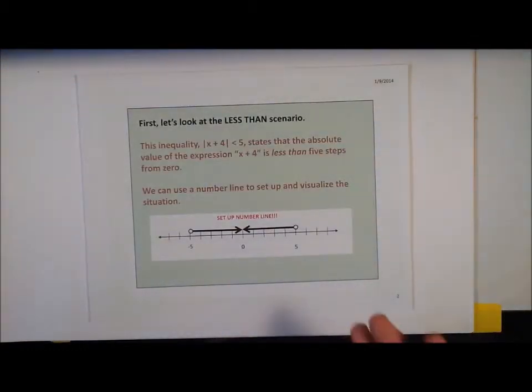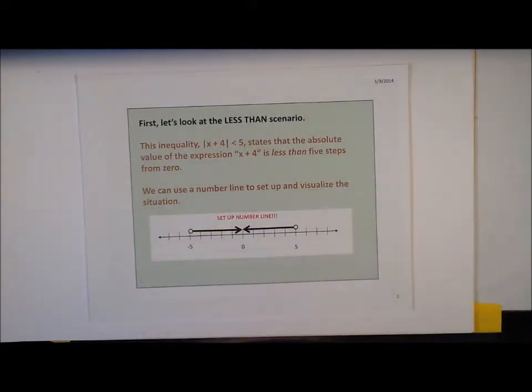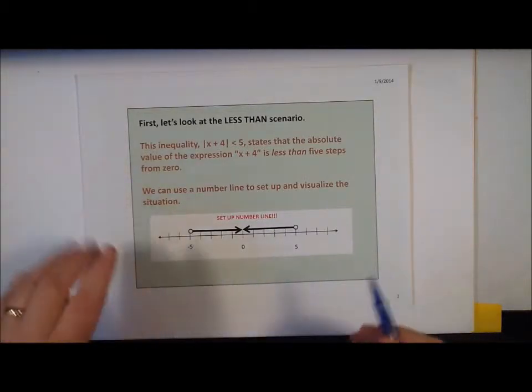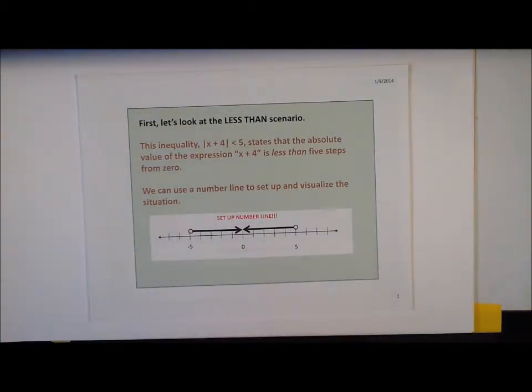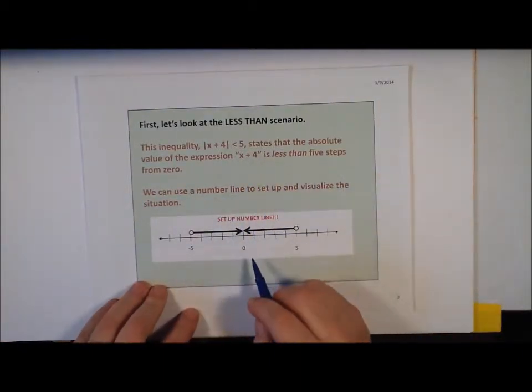So let's look at the less than scenario first. And this is probably the more complicated of the two, in the sense that there's several ways to do it. And I'm changing things from the book a little bit for now. I want you to get the basics, and then I'll show you a speedier way to do it later. So here we have an inequality that says the absolute value of x plus 4 is less than 5. And that states that the expression x plus 4 is less than 5 steps from 0.